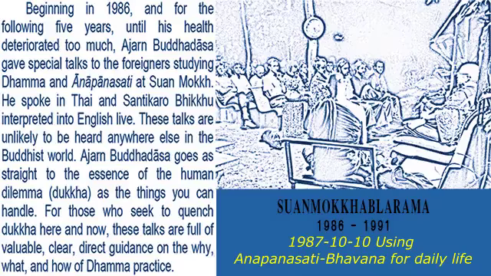Attachment is quenched. This is what the fourth tetrad is about: realizing impermanence, then watching attachment fade away, and watching attachment cease. This is what happens in the final tetrad of Anapanasati.